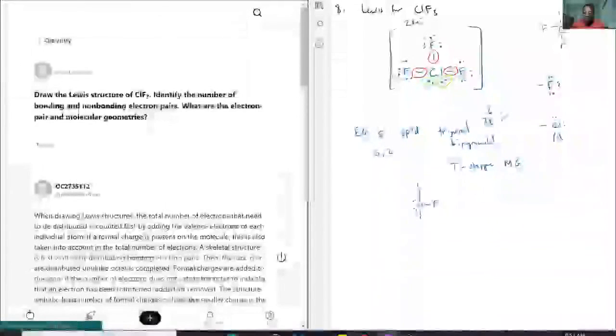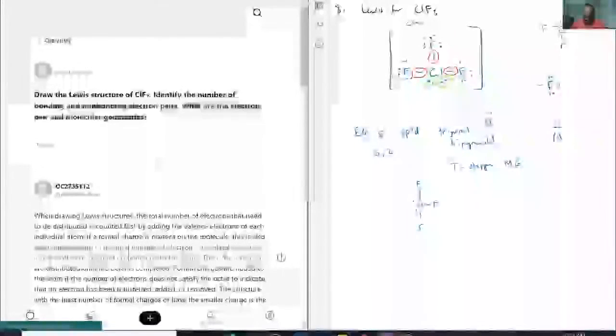Theoretically, this would be the best structure for it. If we looked at it on a plane, this is the x-axis, this is the y. The electrons and the fluorine would be on this x-axis, and then the 2 fluorines will stick out on the y-axis. So that's how we have this T-shape.